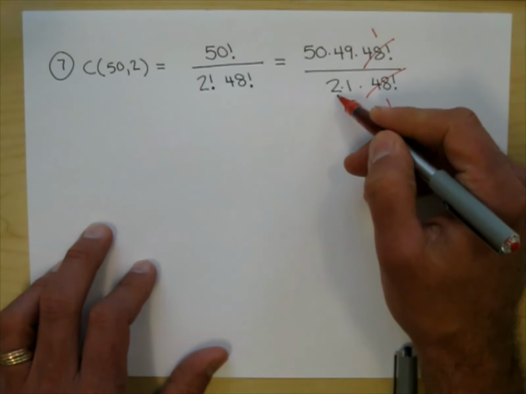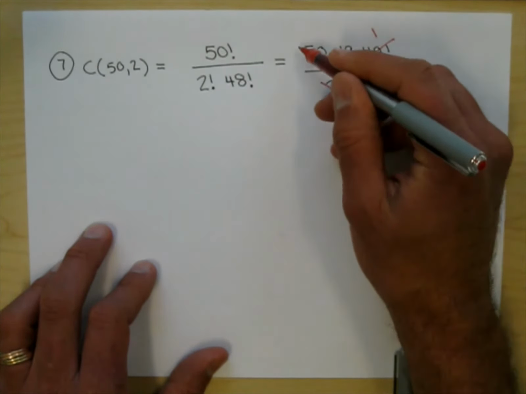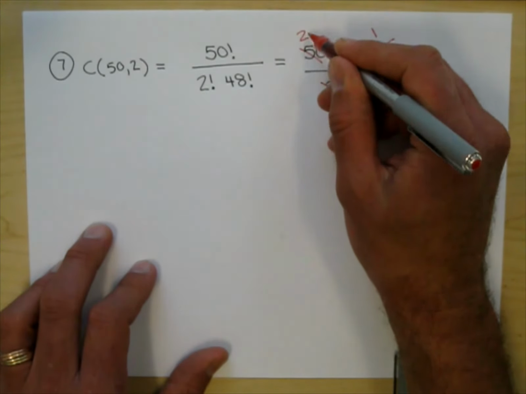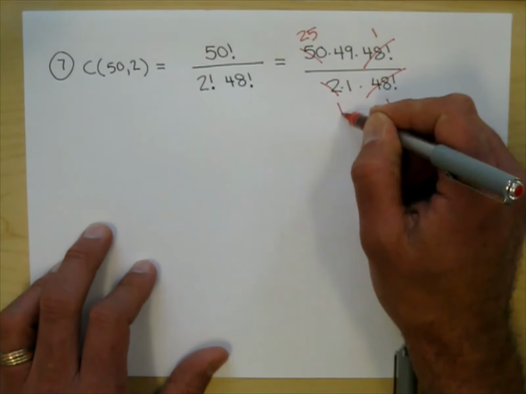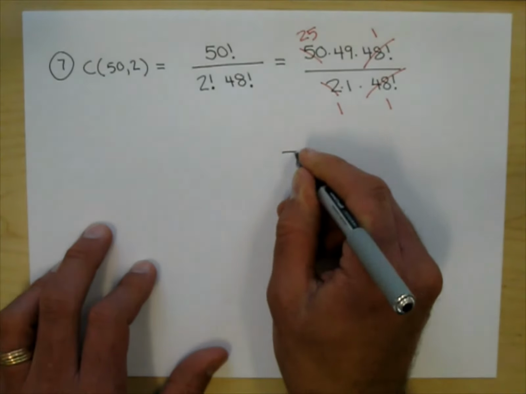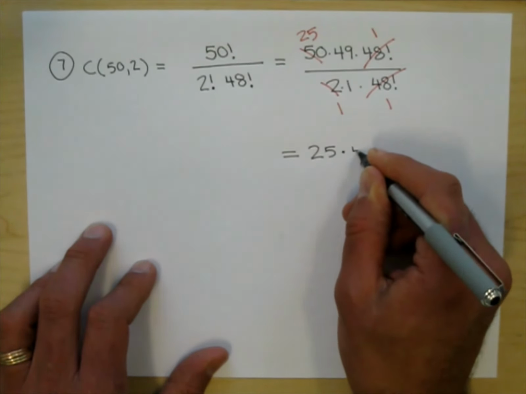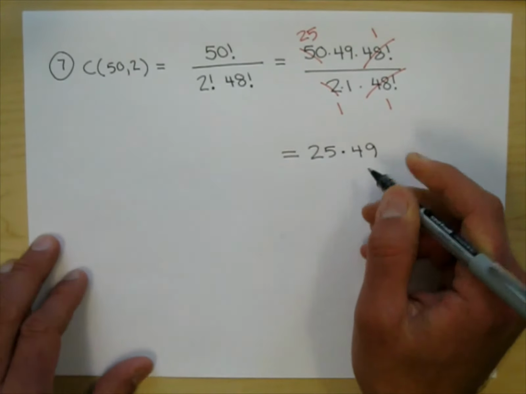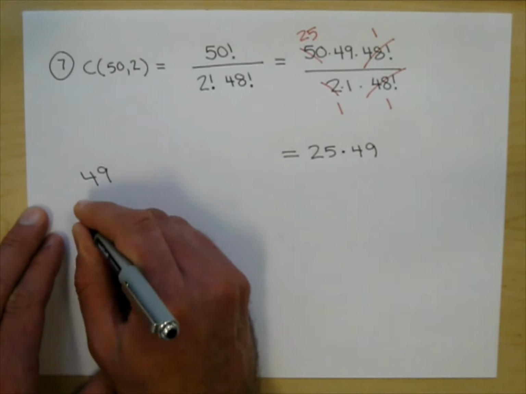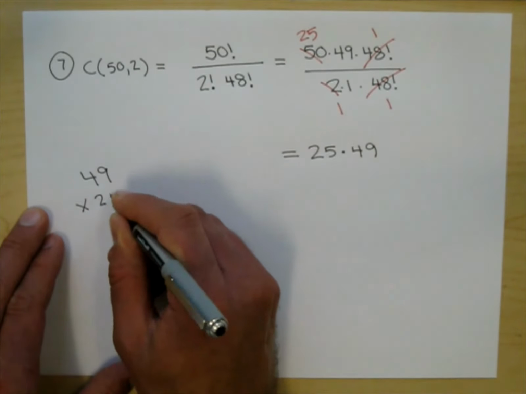The 2 and the 50 will reduce to 25 over 1. So basically all you have here is 25 times 49. So I'm going to go ahead and do that multiplication right here.